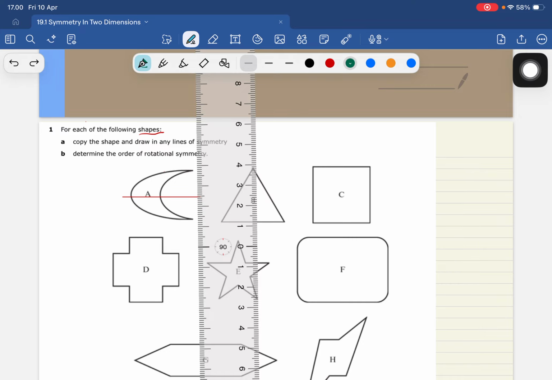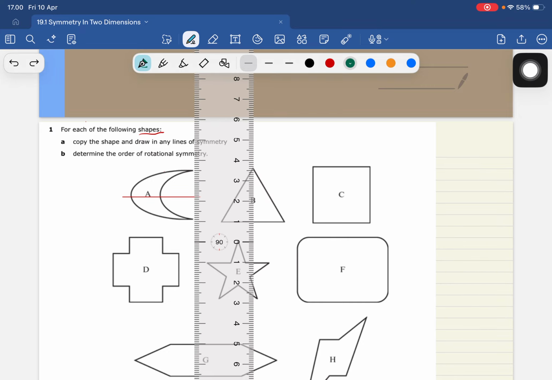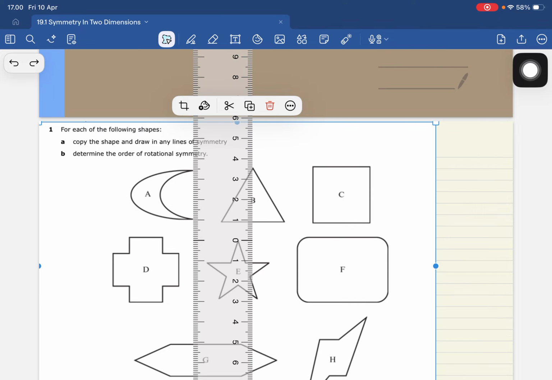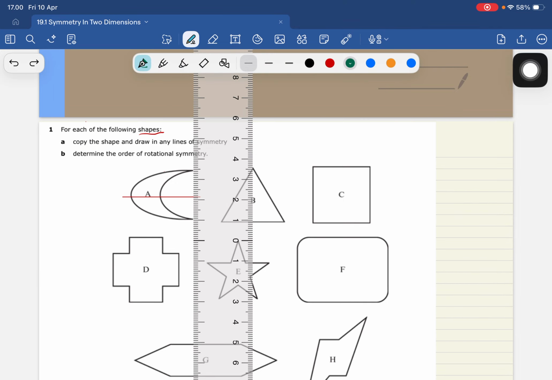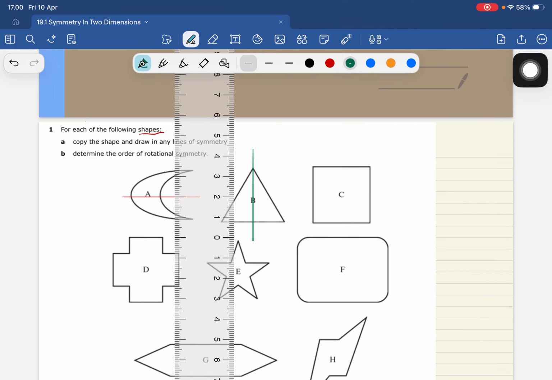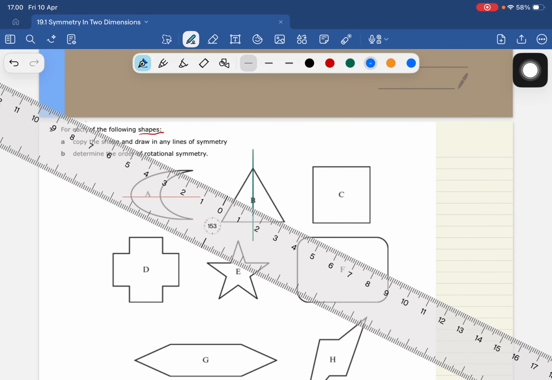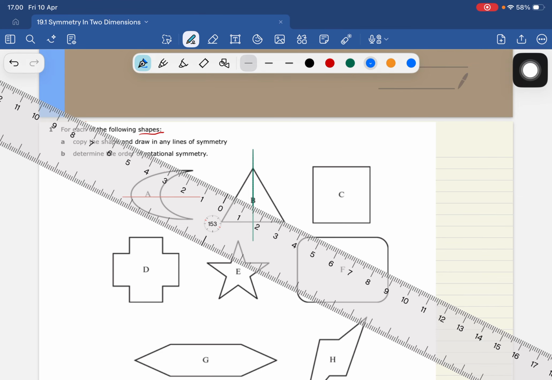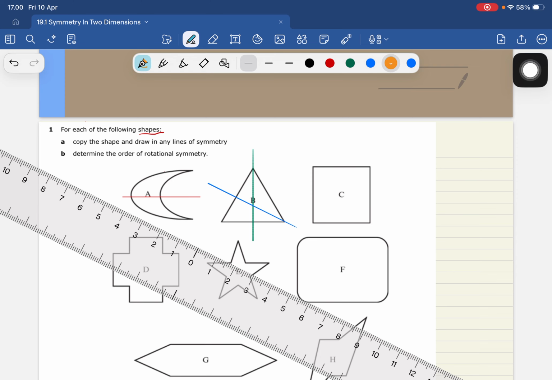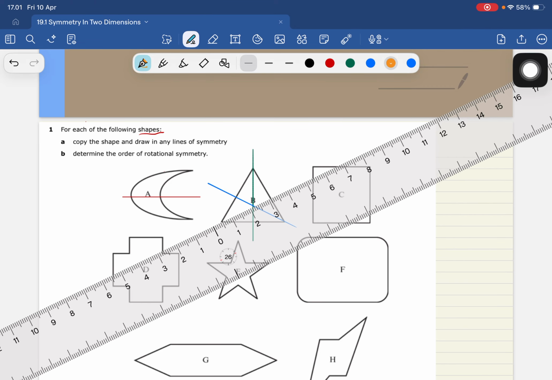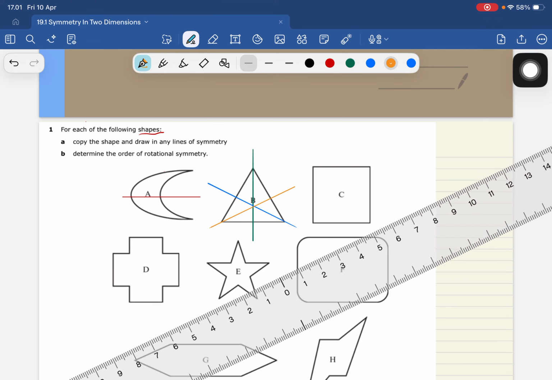So here is the first. Okay, we got it. Left hand side is going to be equal. Next. When we cut the mirror, they are going to be equal. And the last line here. So we got 3.